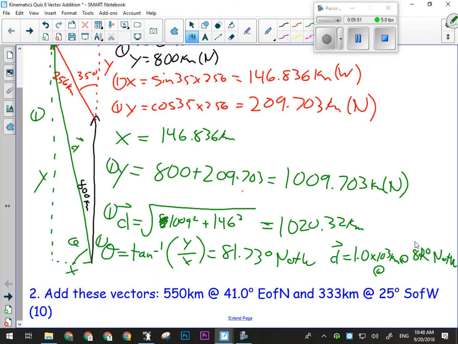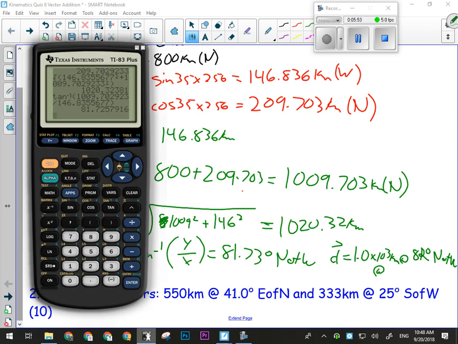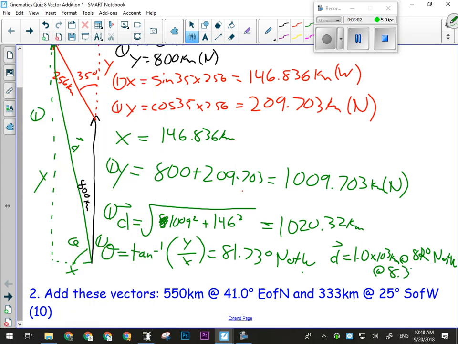Sorry, 82 degrees north of west. The other angle is going to be 8.3 degrees west of north. So that is their 8th and final mark on that one.